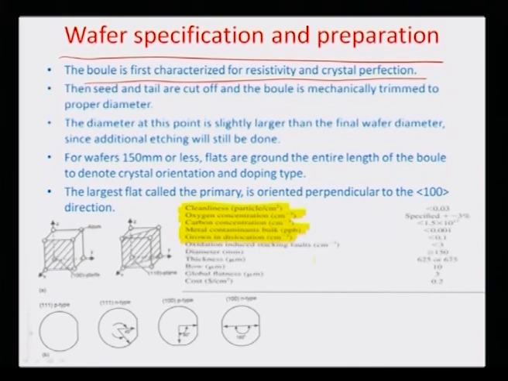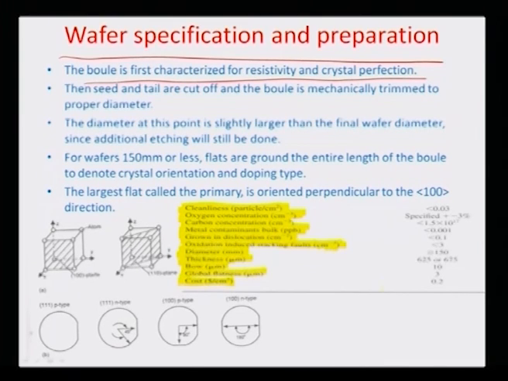Then you can also have an idea of oxidation induced stacking faults, and that can be in the bulk of the wafer, so that can be per unit volume. And apart from that, some normal specifications like diameter and thickness of the wafer, or the bow, which is nothing but the way that the wafer is warped or bent sometimes, and then aspects like flatness and cost.